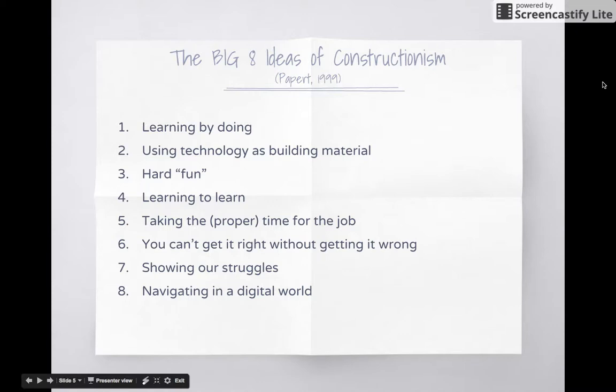And lastly, number eight, he talks about navigating in a digital world. The digital world is as equally important, and he will claim this, as reading and writing.